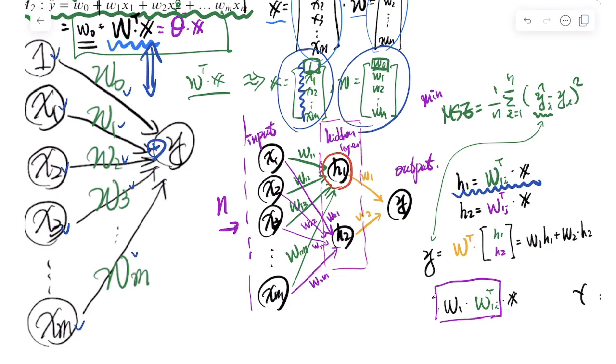And again, take a look at the purple links. We have another set of weights, in purple, and it shows the relationship between h2 and x.